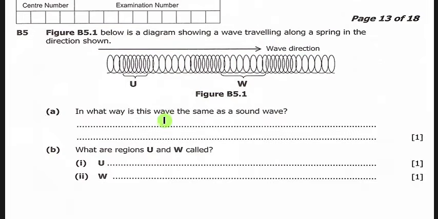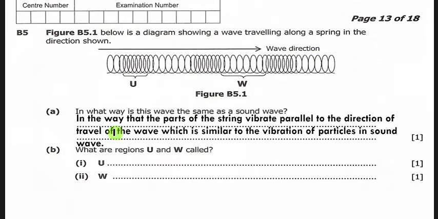So simple. It is because the parts of the string vibrate parallel to the direction of travel of the wave, which is similar to the vibration of particles in a sound wave. So they vibrate like this.